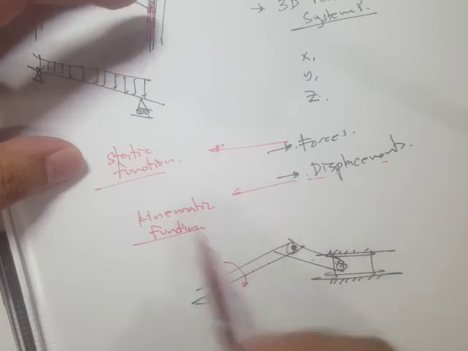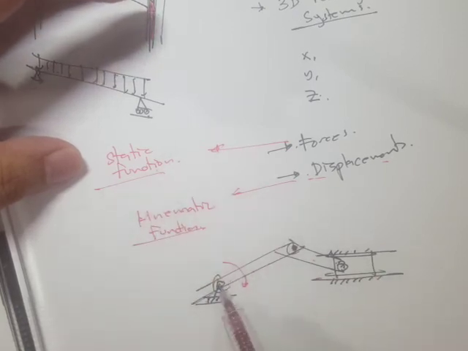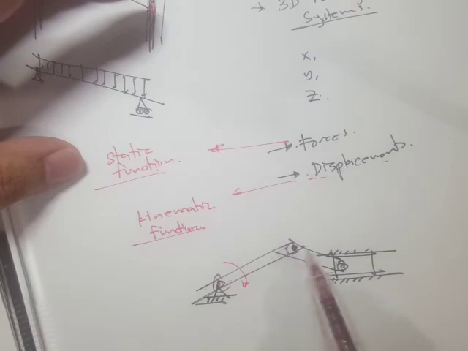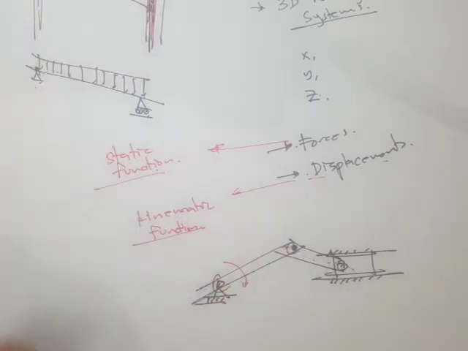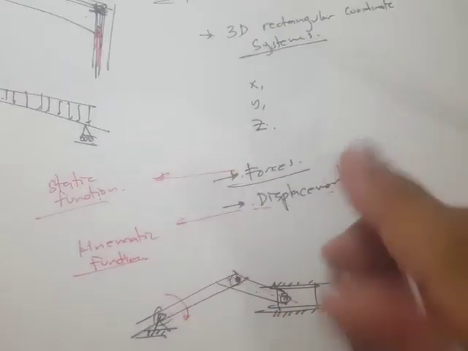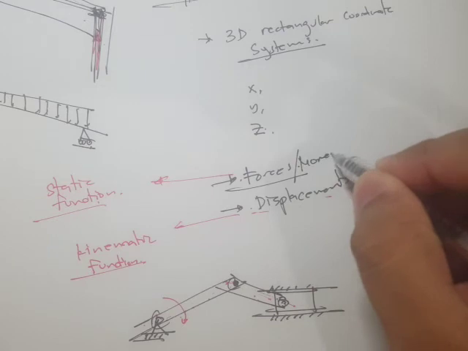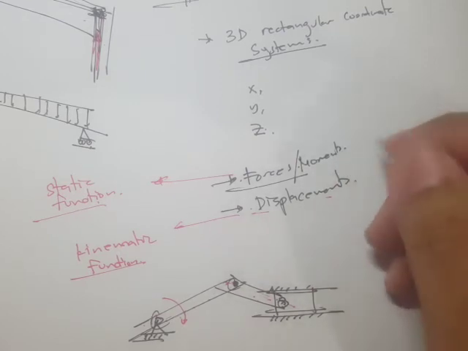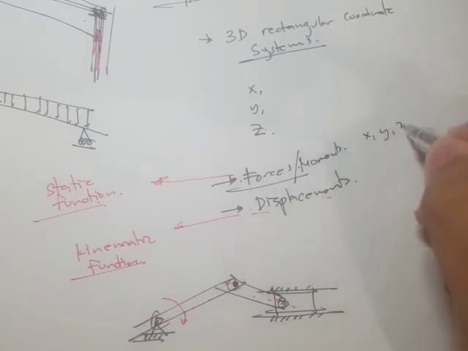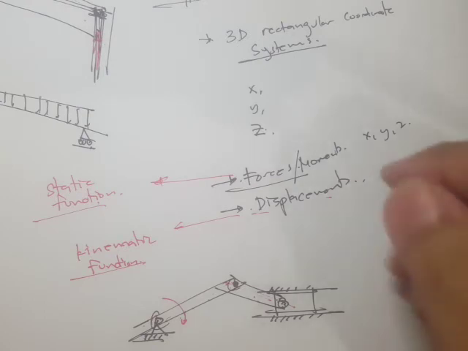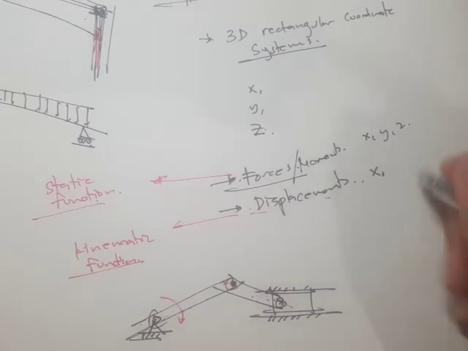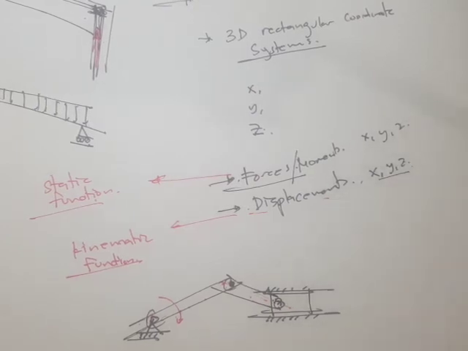But in terms of the static functions, it's transmitting the load from this link to this link. When we say forces, of course this also includes moments. So forces and moments in x, y, and z. And displacements are also displacements along x, y, and z as well.